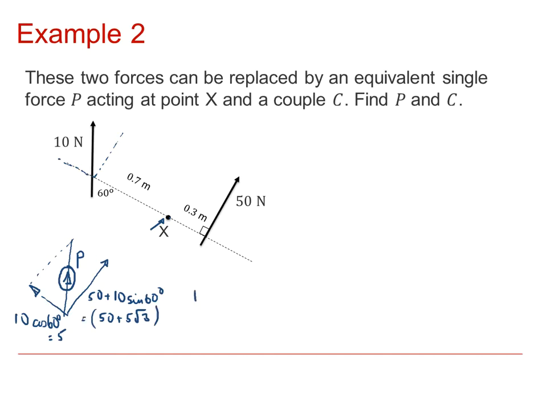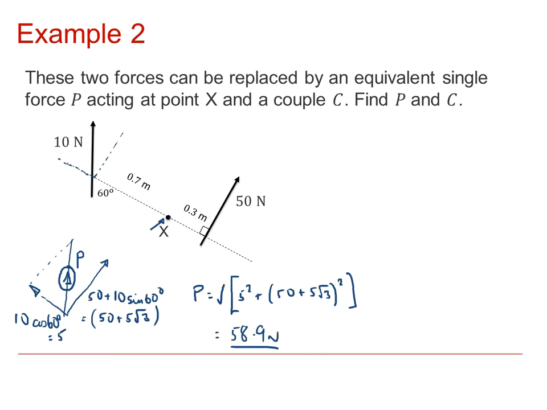Therefore, P will be equal to the square root of 5 squared and then 50 plus 5 root 3 all squared. And P turns out to be 58.9 newtons to 1 decimal place.